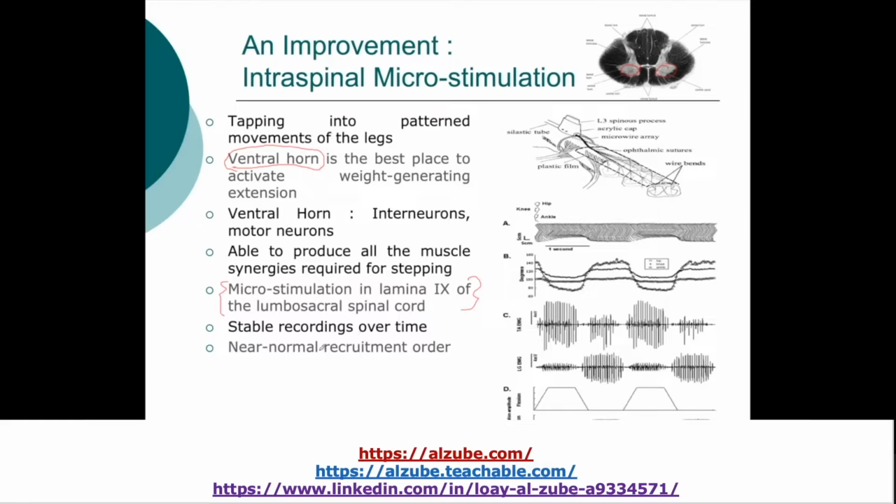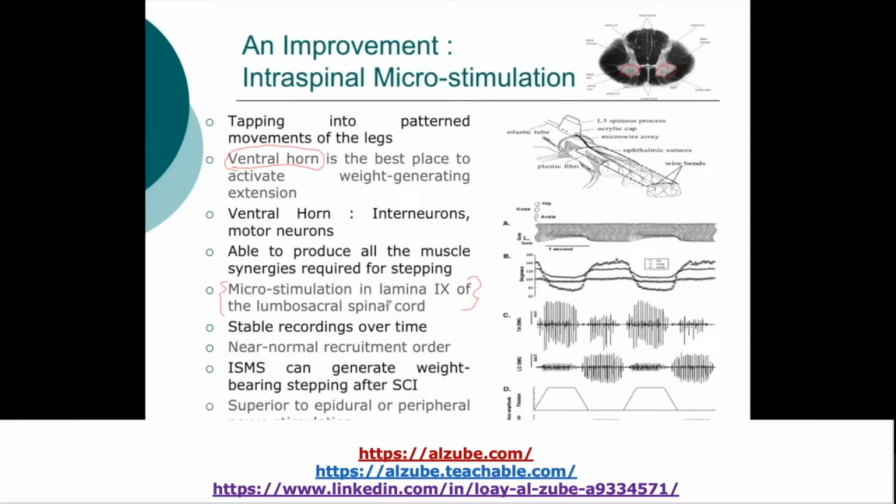Stable recording over time, near normal recruitment order. Those are all advantages of having this type of system. And also the intraspinal microstimulation can generate weight-bearing stepping after a spinal cord injury. So this is really effective, and it's superior to epidural or peripheral nerve stimulation.